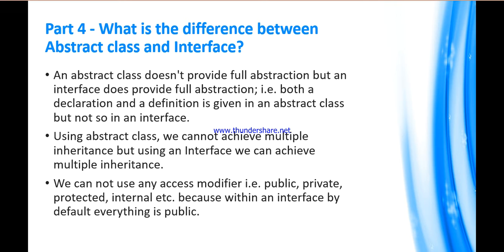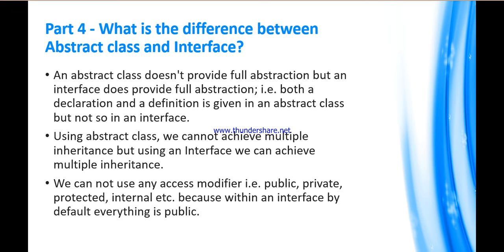The second difference is that using an abstract class we cannot achieve multiple inheritance, but using an interface we can. There is a very common need in applications to use the existing features of multiple classes or interfaces.